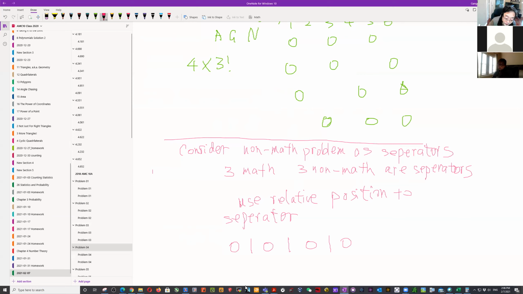And those 4 positions are available to choose for those 3 math classes. So basically, we have 4 choose 3, then multiply by 3 factorial. That's going to be 24.